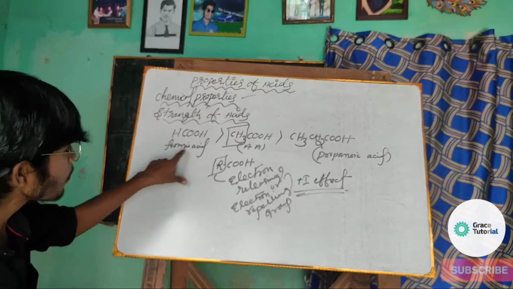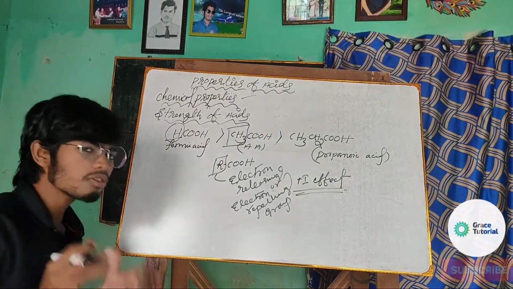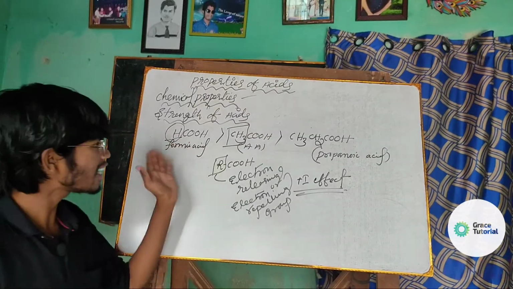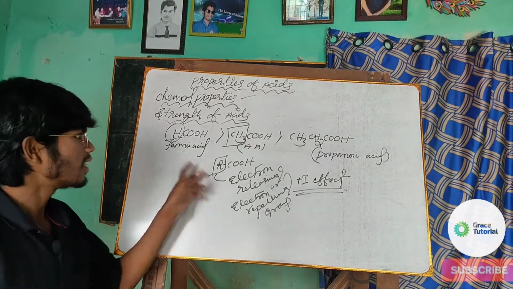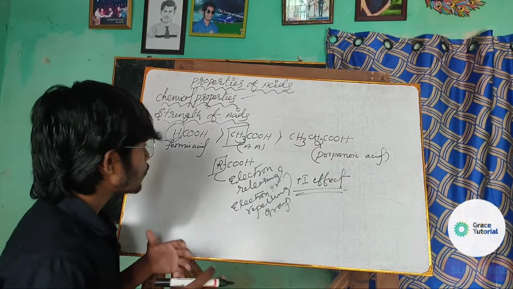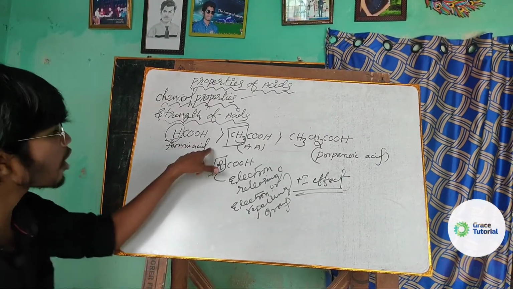That's why in formic acid, since the alkyl group is not there, and a hydrogen atom is attached to the carboxyl group, this formic acid is stronger than acetic acid.